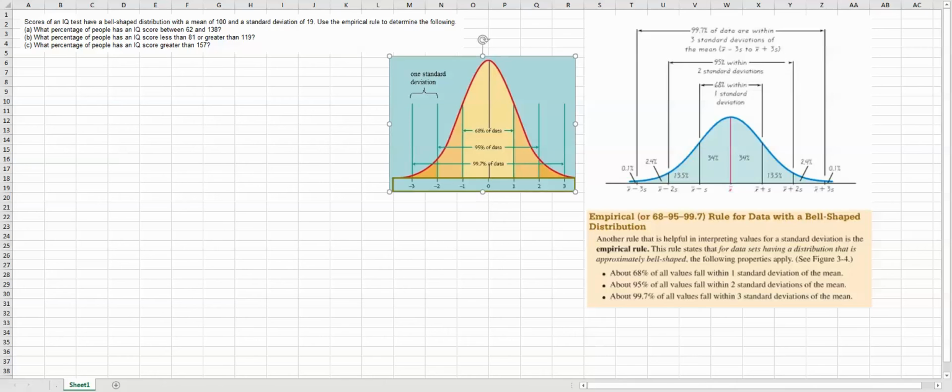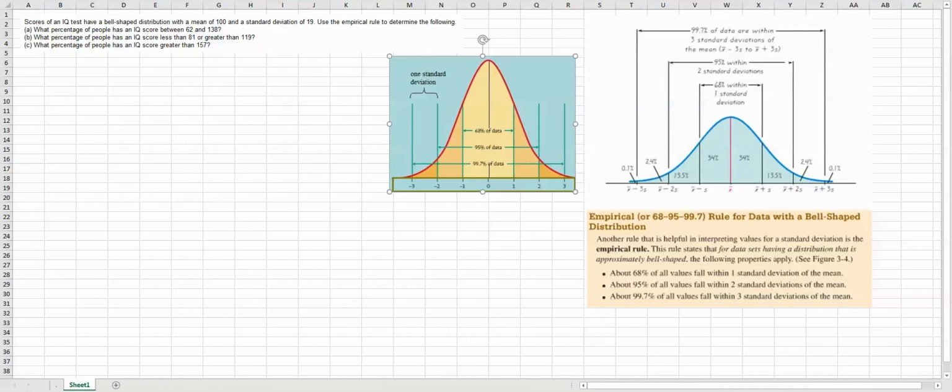When they say empirical rule, they're trying to get us to think of the 68, 95, 99.7 rule, where if I know how many standard deviations above or below a certain observation is, then I can make an estimate about the percent of the data that falls between those values. And then I can get even more detailed.